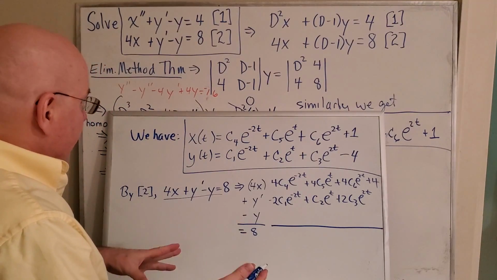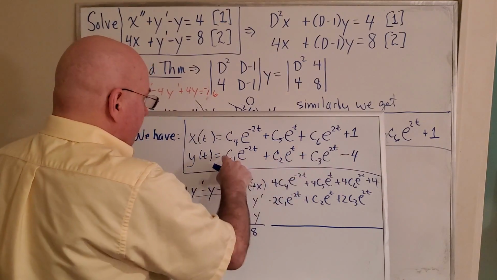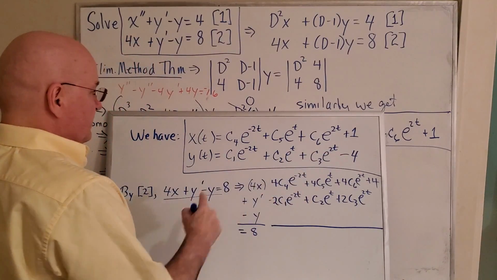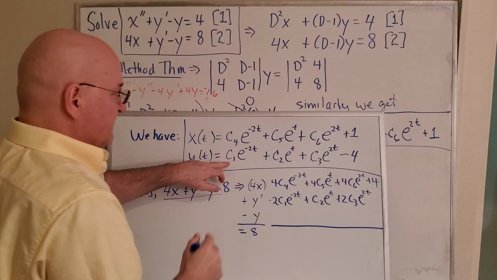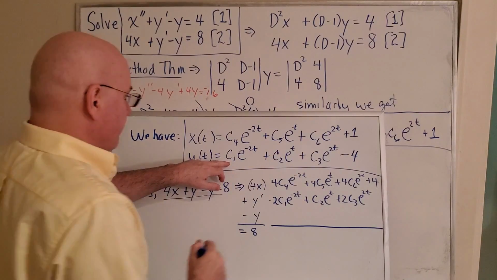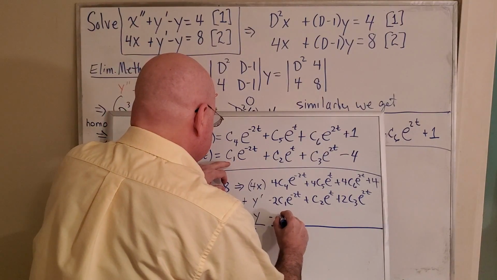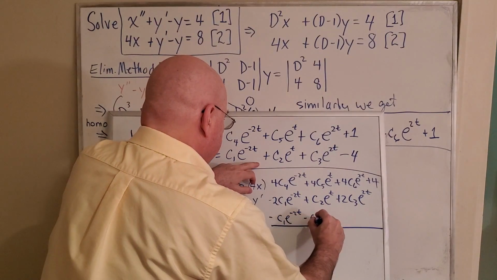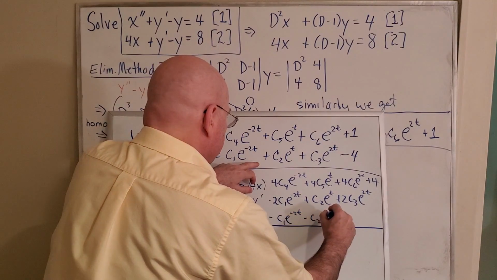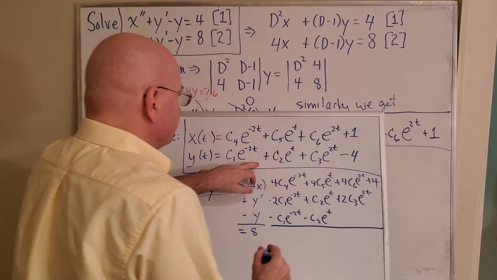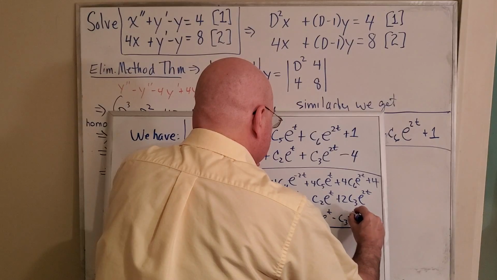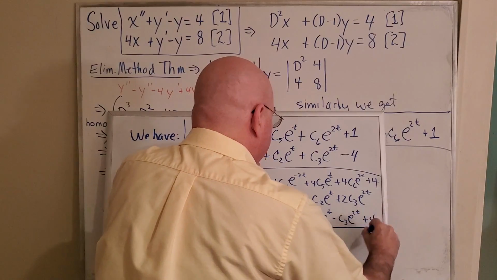Now minus y. So I'm just going to take y and change all of these signs. Multiplying by negative 1 makes all the positives negatives, and the negative 4 becomes a positive 4. So negative c1 e to the negative 2t minus c2 e to the t minus c3 e to the 2t plus 4.